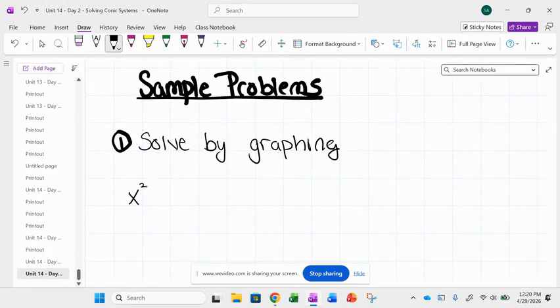The first one is x squared plus y squared equals 1, and x squared over 4 plus y squared equals 1. What conics am I dealing with? An ellipse and a circle.